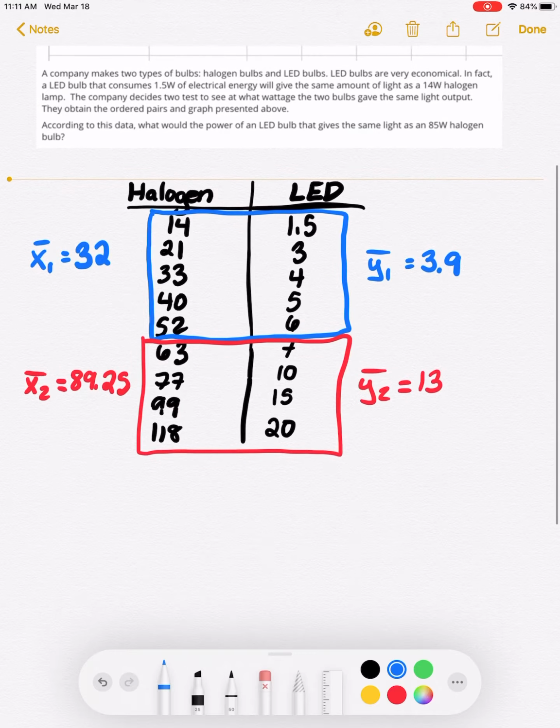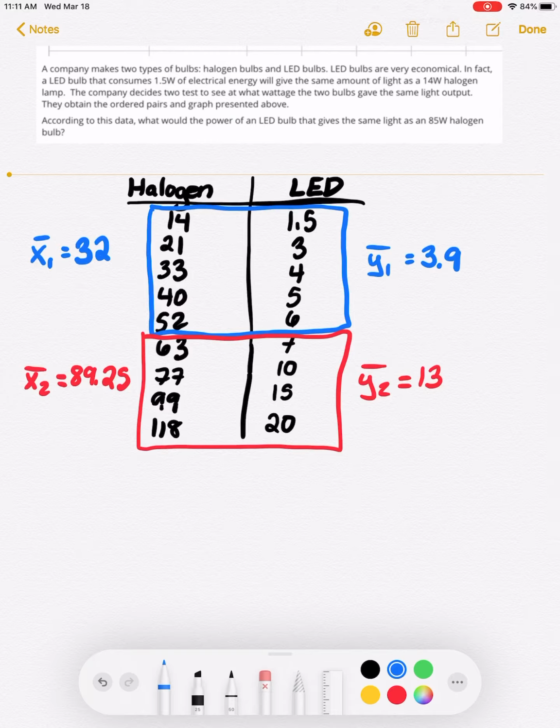So we get 2 points from that. P1 is going to be 35, 3.9. And P2 is 89.25 and 13.